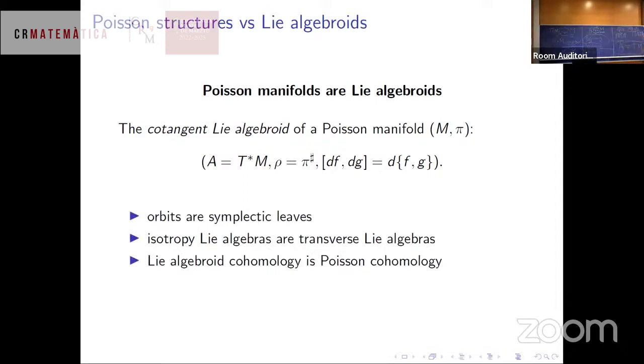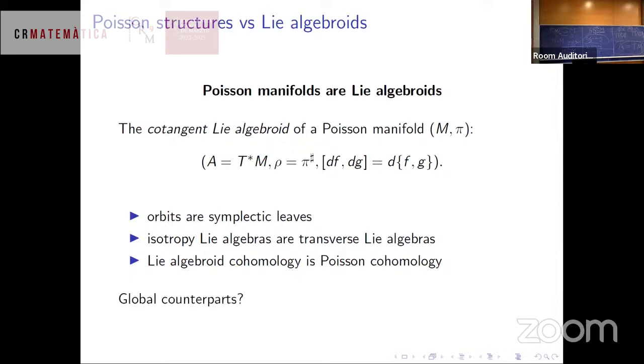The isotropy Lie algebras are these transverse Lie algebras that I spoke about in my second lecture. And Lie algebroid cohomology is Poisson cohomology. Poisson geometry really fits into the theory of Lie algebroids as a nice subset, as a nice class of examples. Okay, that's the first connection. And as I said, it will probably be the most important for what comes afterwards.